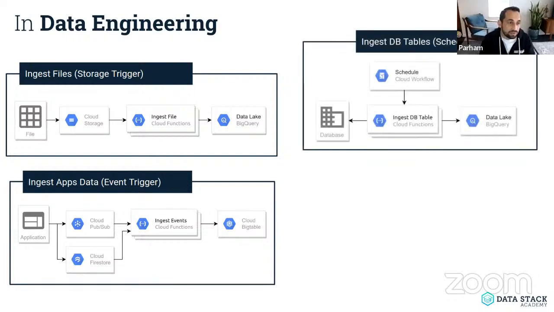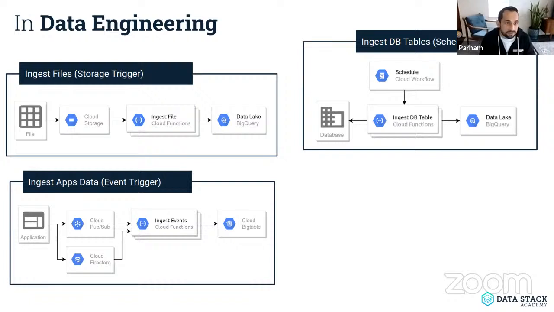Another example would be when you use cloud functions more to fetch data, so not really as a trigger element, but to go and fetch things. In this case, you need some other component to actually run your cloud function, and that component is some sort of scheduler on the cloud.